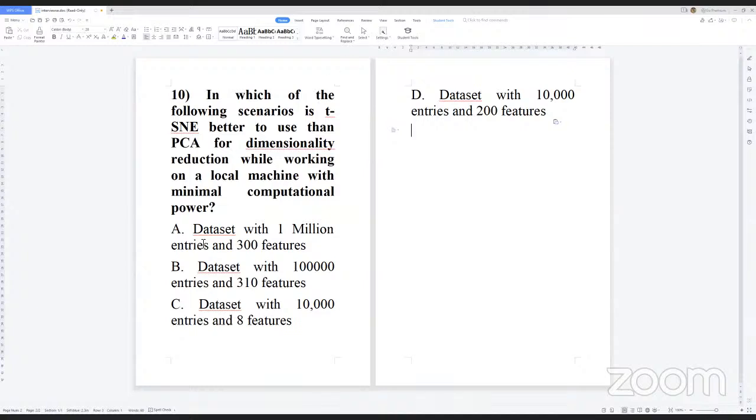Option B, dataset with 1 lakh entries. No, the option would be C. C is the answer.